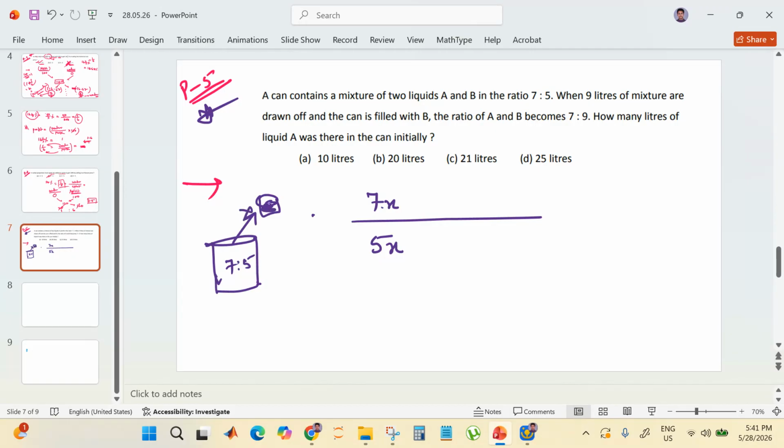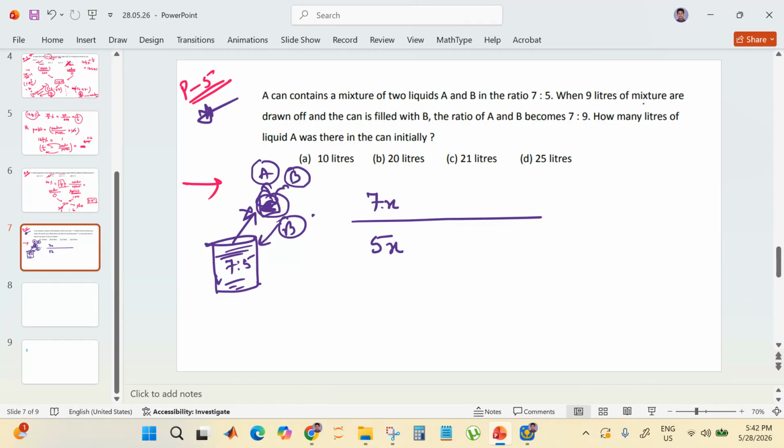Then you have to find how much A and how much B this part contains. After that, an equal amount of B is filled inside the can. That means your task is to find the amount of A going out, the amount of B going out, as well as the amount coming in.